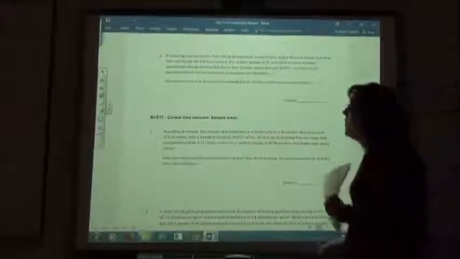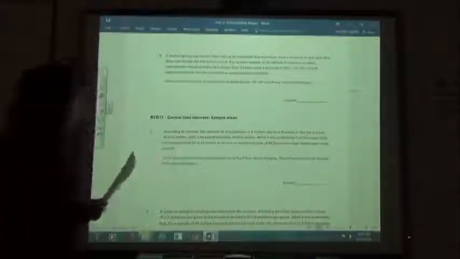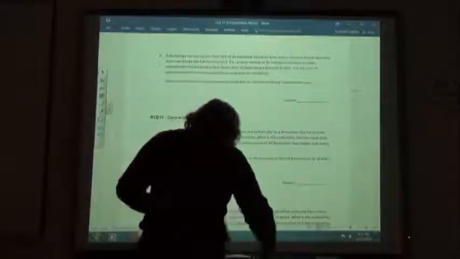Number 6 then. A brokerage survey reports that 38% of all individual investors have used a discount broker, one that does not charge a full commission. If a random sample of 70 individual investors is taken, approximate the probability that fewer than 23 have used a discount broker.